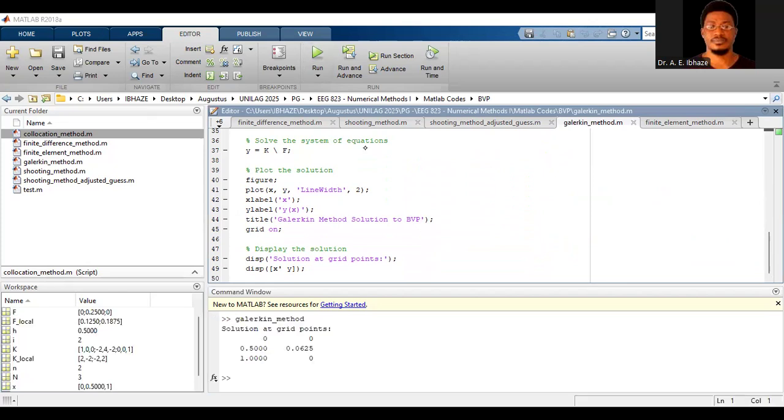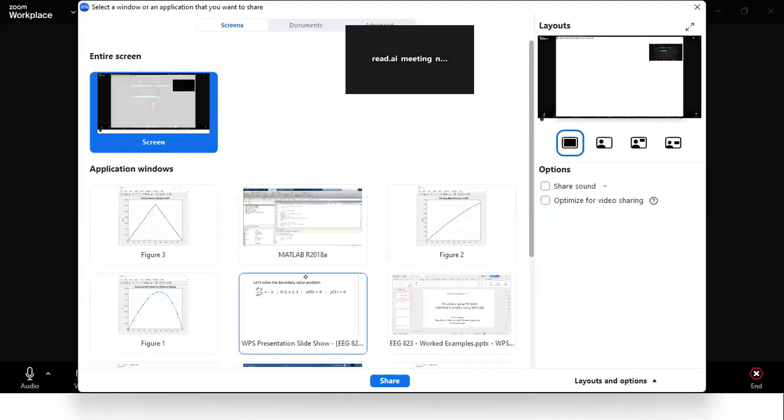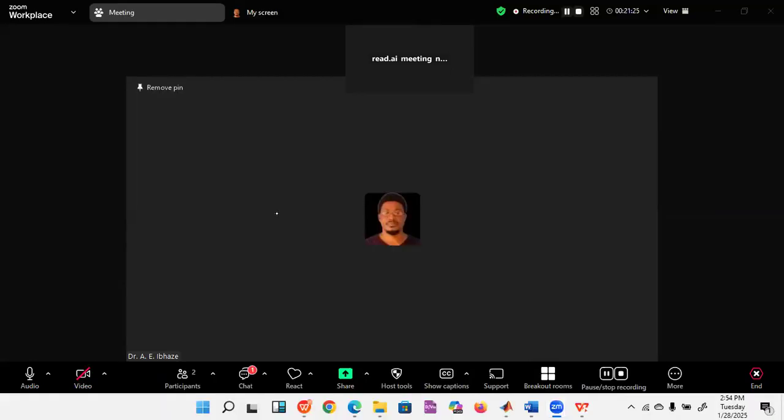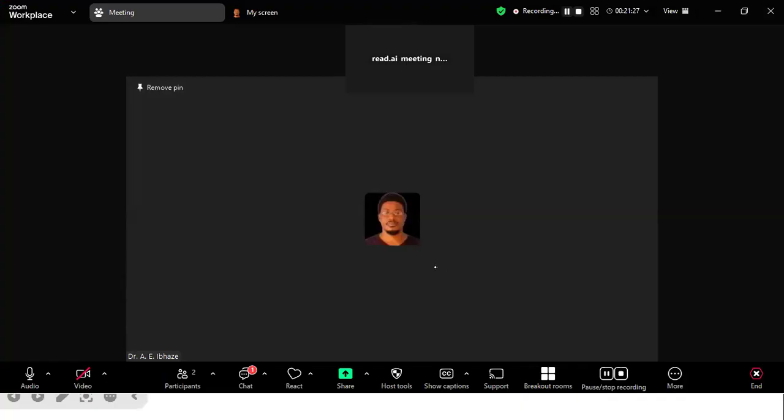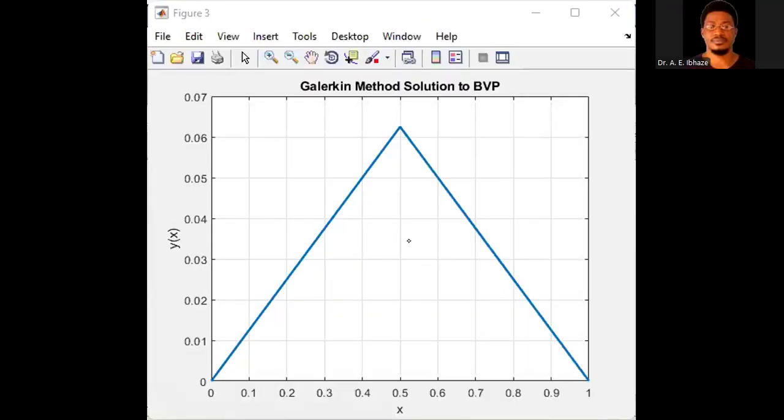Now, you observe, let's share the entire screen. Now, this is the graph we've got for n equal to 2.